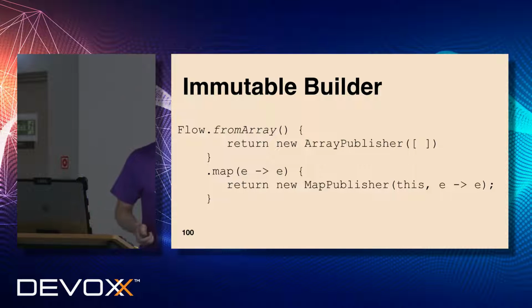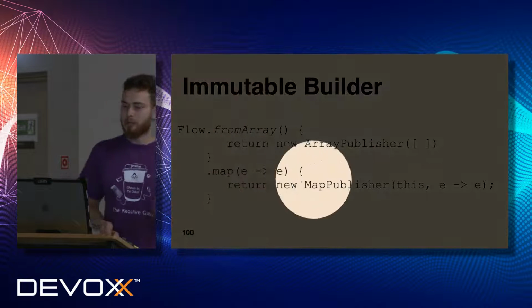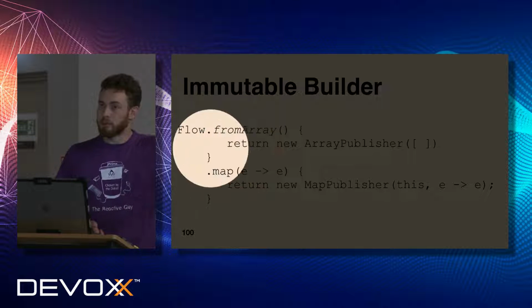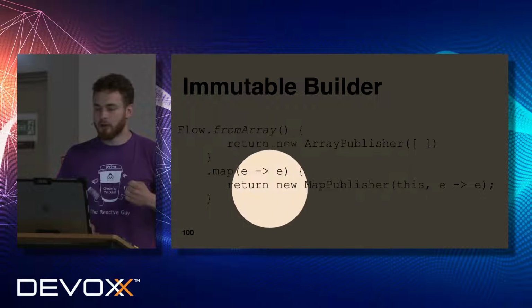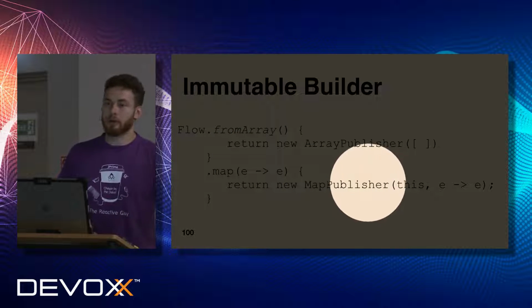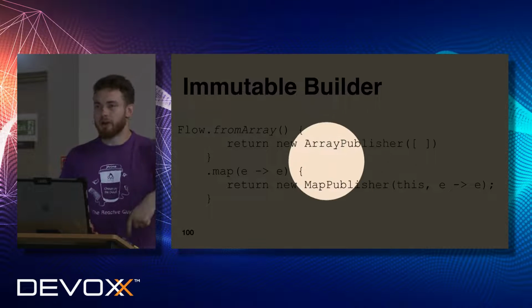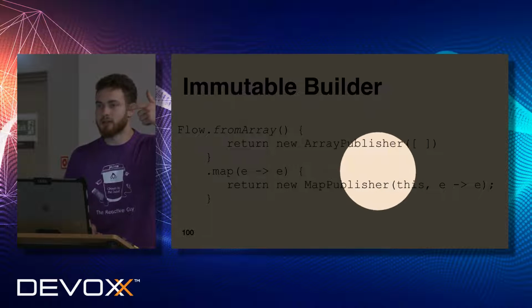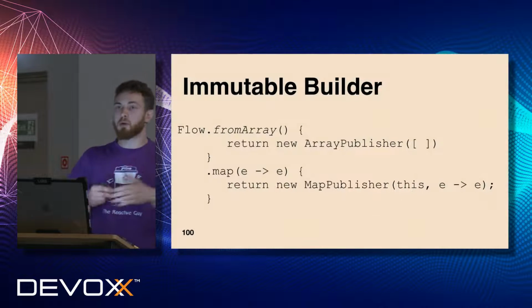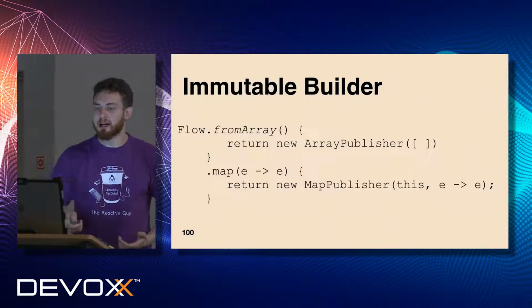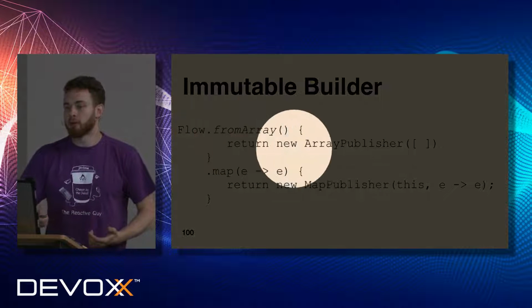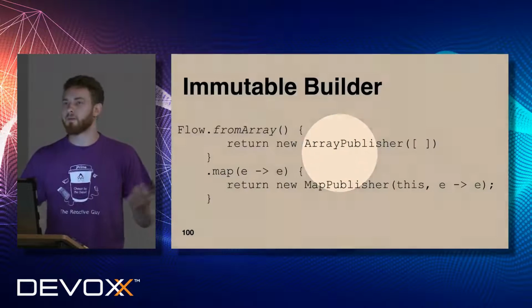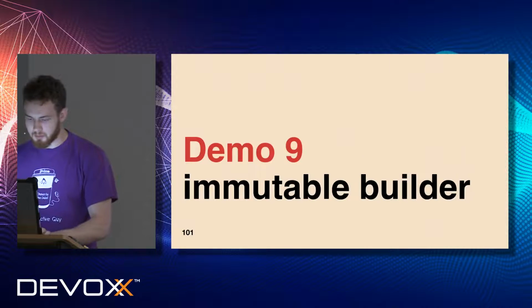In this case, we got some method like map, which could be intermediate builder step, which should wrap, like in the previous cases, current publisher, which is a current builder, to another builder, and that's it. And in case we want to create a builder, we have to call a static method like from array, which returns the initial builder state. Yeah, that's easy.